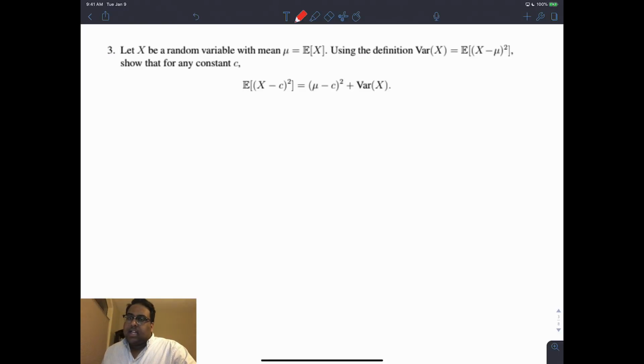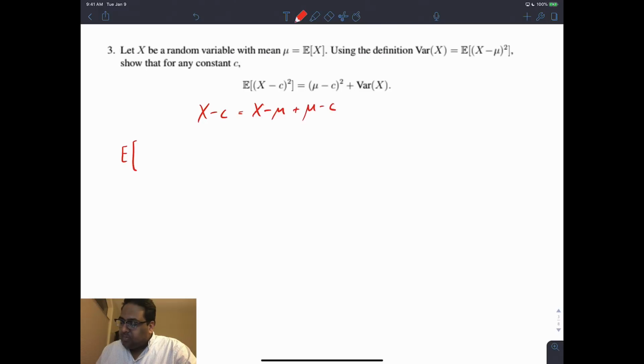Okay, and this proof will revolve around the fact that we can write X minus c as X minus mu plus mu minus c. Okay, why is that valid? Well, I just added mu and subtracted it, so it's equal, but you can sort of already see why this might be necessary. So let's dive into it.